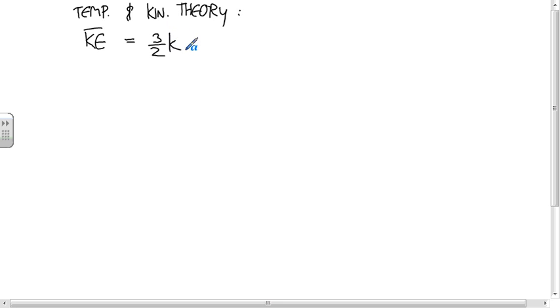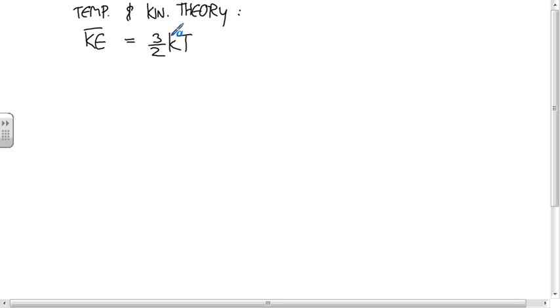So remember when we were in the temperature and kinetic theory section, we said that the translational kinetic energy of the average molecule is equal to 3/2 kT.